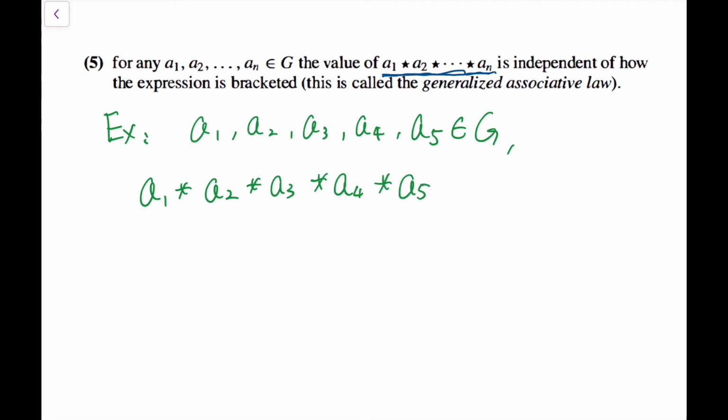And then we can put the bracket in any way we want. For example, we can do it like this. We do the A1, A2 at the first, and A3 and A4 at the first, then do the operation between the results of those two parts, and then do the operation with A5.